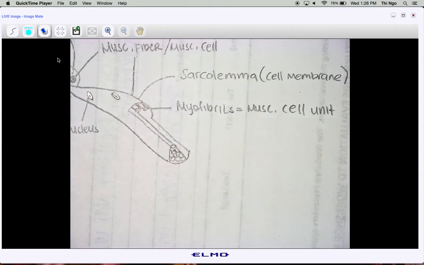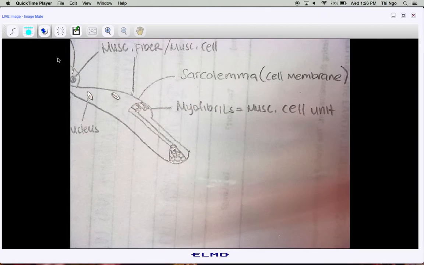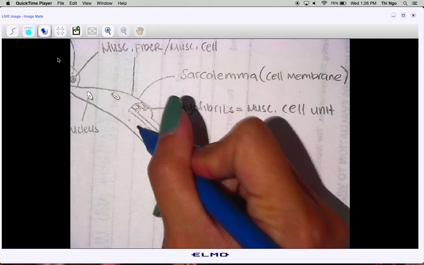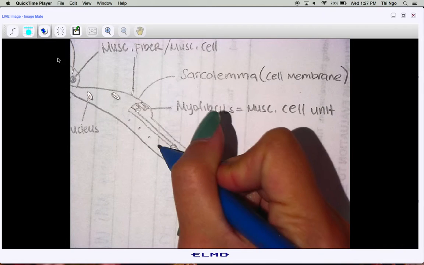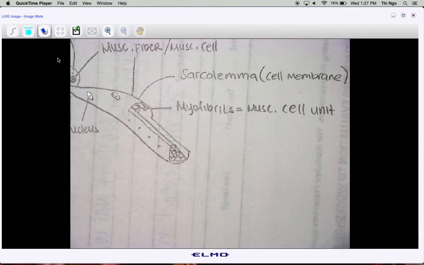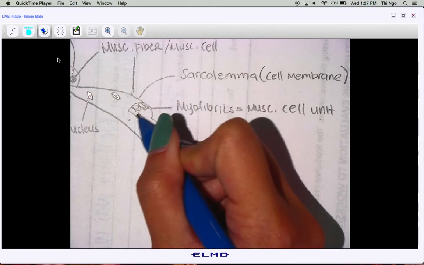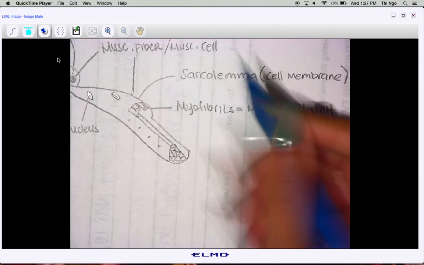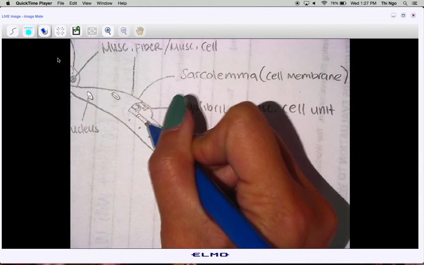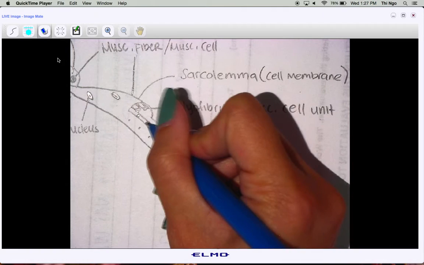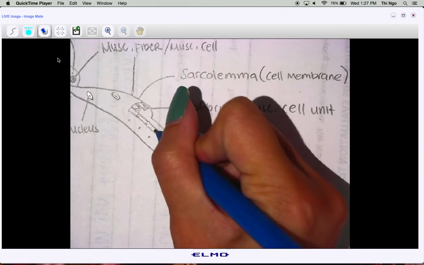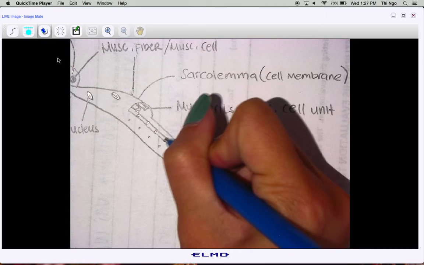So in order for it to let things in and out of the cell, it has to have these little holes on the sides that lead to the outside world. So I just drew little holes on the sarcolemma. Those holes are connected to these tubes that wrap around all of the myofibrils. So I'm going to draw this little tube right here that wraps around the myofibril. It's just a line. So there's a tube on this myofibril, a tube on this myofibril, a tube on this myofibril.